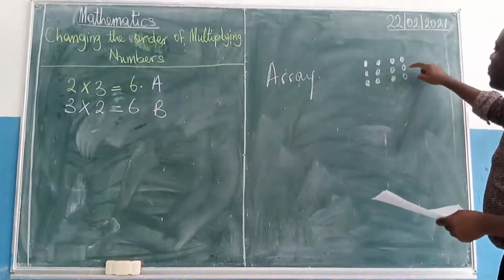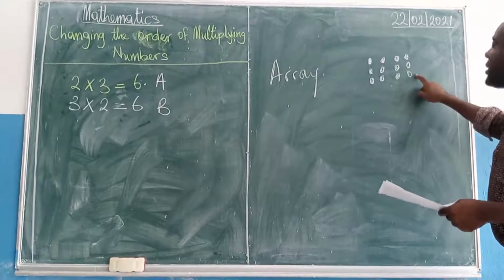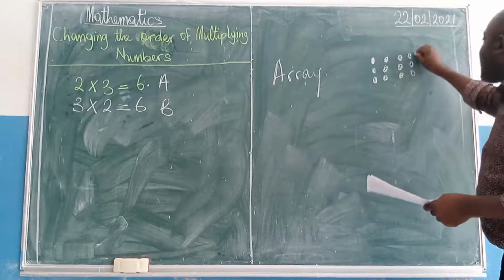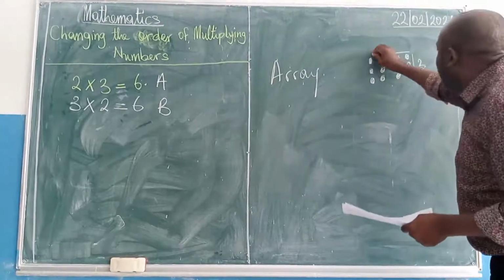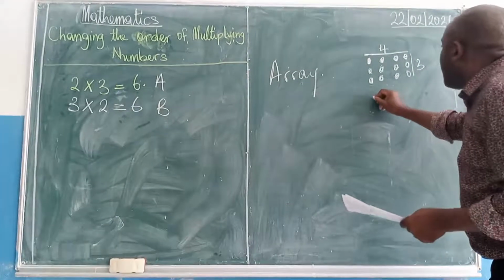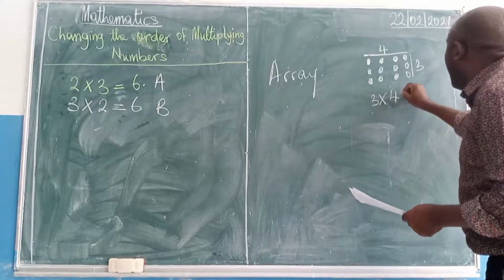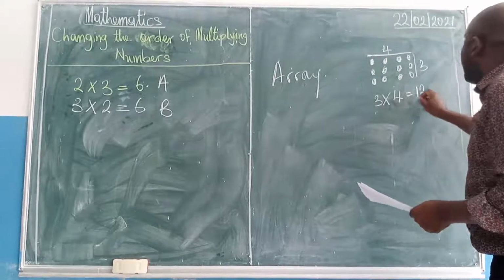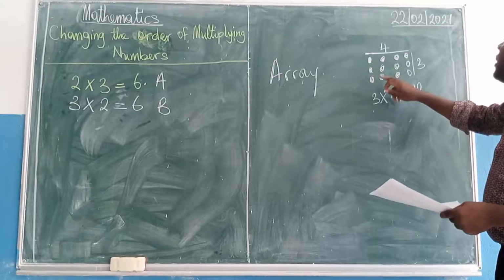And we have 3 times. So 4 three times, which will be 3 here and 4 this way. That gives us 3 times 4, which is equal to 12. And if we count all the dots in here, we'll have 12.